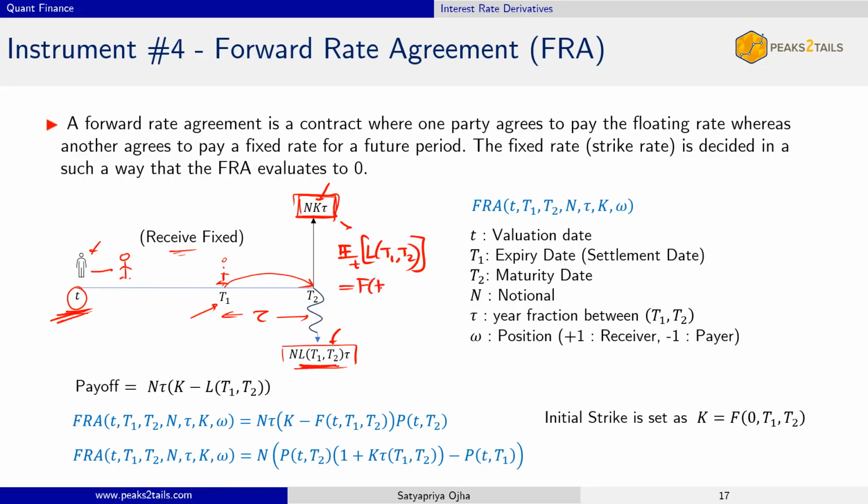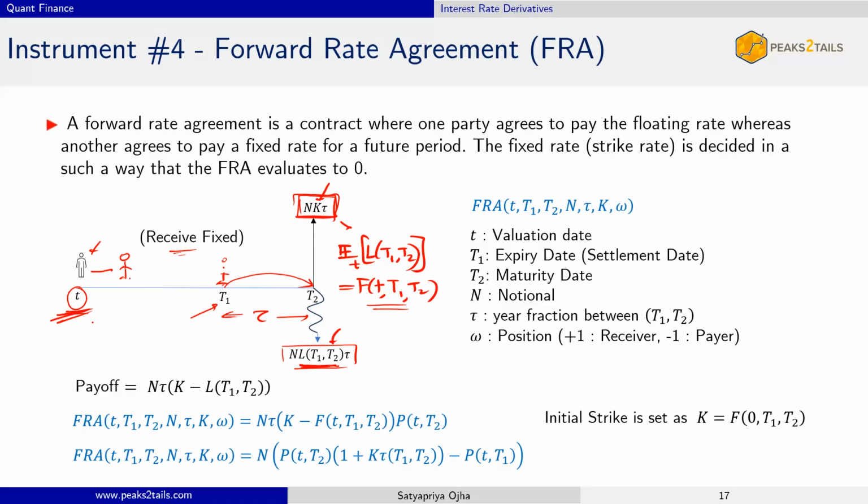Forward rate as observed at time t between these two dates, T1 T2. There is also a measure associated. Anyways, let's not get into that. So expectation of L is the forward rate. And we can use this to calculate the value.